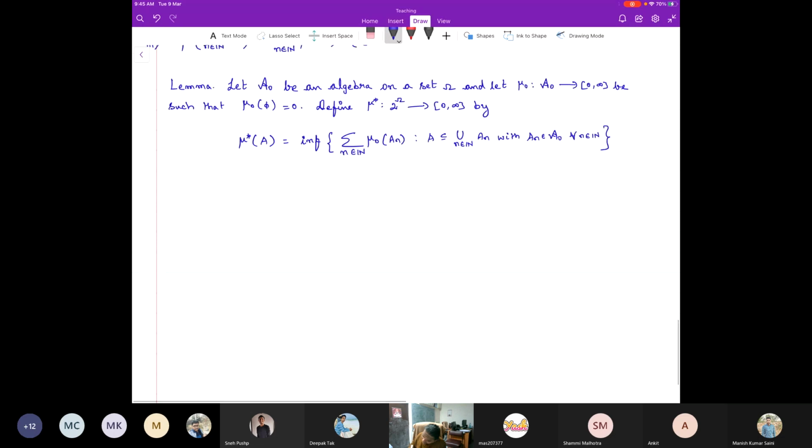Then, once you have defined all these, this mu star is an outer measure. The proof is very easy for me.